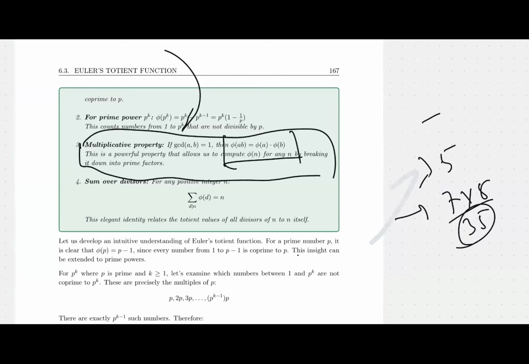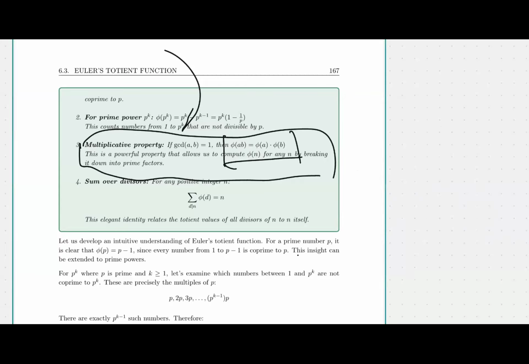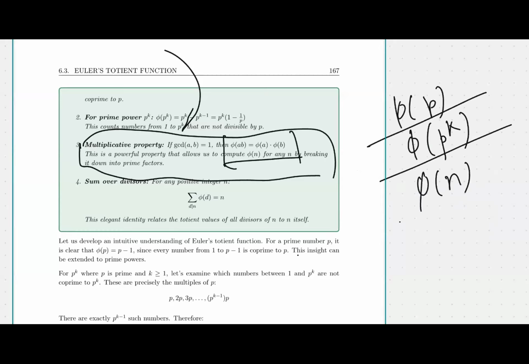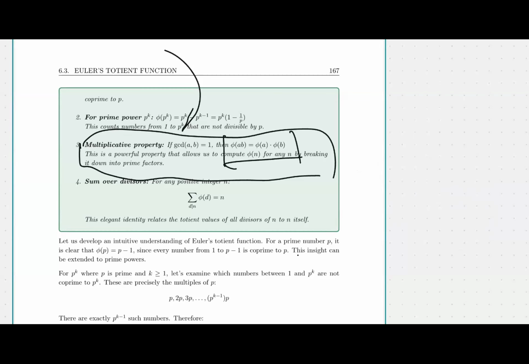So what we did is this. Earlier we said phi of p is easy to calculate. Then we derived a formula for phi of p to the power k. Now we want to get the formula for any composite number n. We know that any composite number n can be written as a product of primes.